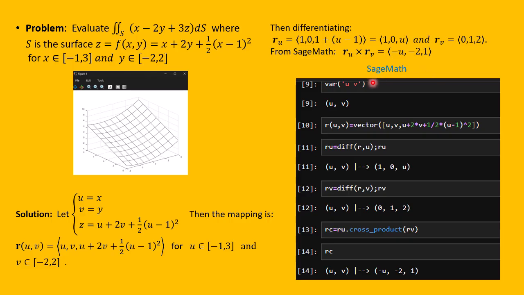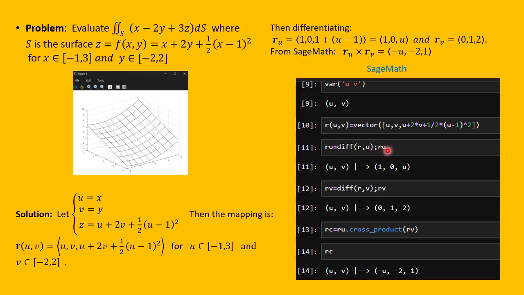So here's what we'll do to calculate this cross product, which I claim turns out to be minus u, minus 2, and 1. We'll first define u and v to be variables, and then r of u, v is a vector which has the components that we had right down here for r of u, v. And then ru is going to be the derivative of r with respect to u.